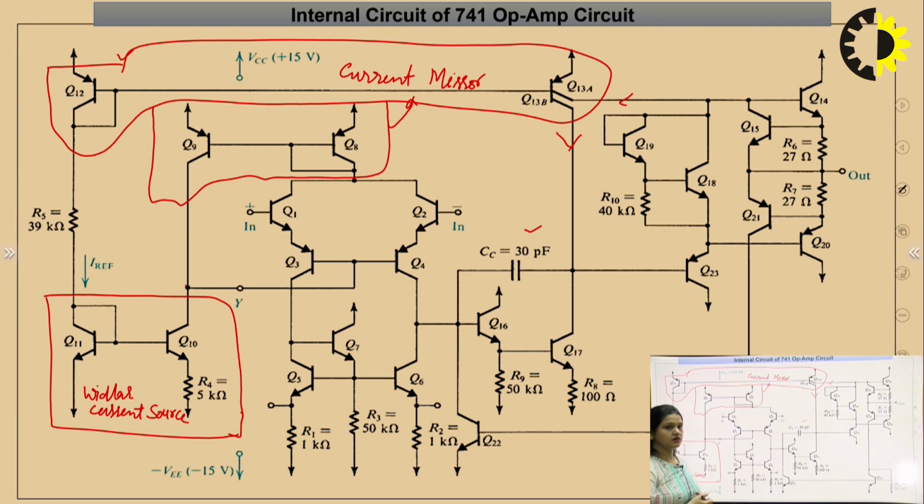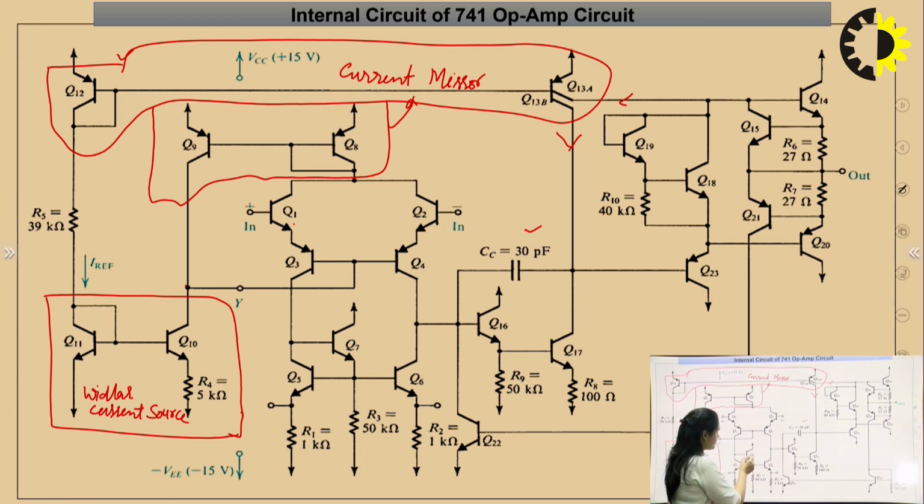Now come to the first stage, that is the differential amplifier. Here you can see Q1, Q2, Q3 and Q4. These transistors form a differential amplifier with a level shifting stage. Q1 and Q2 are the differential amplifier, and Q3 and Q4 transistors are used to shift the output of the differential amplifier, so these are known as level shifter transistors.